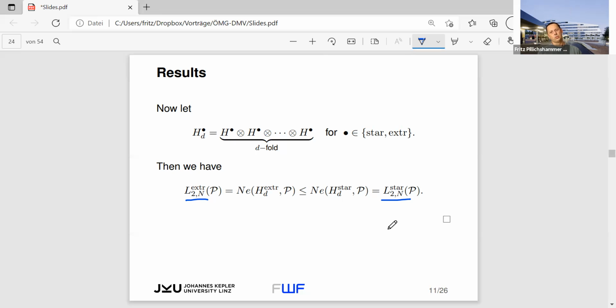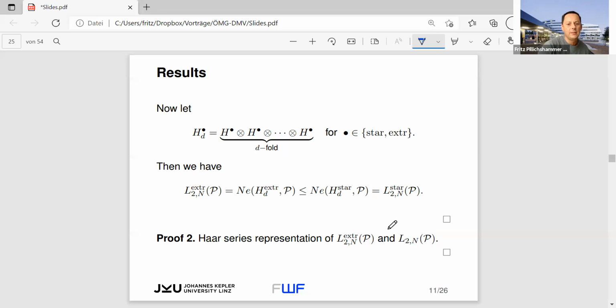So this is a short sketch, which should also give you an idea of how to exploit this connection between discrepancy theory and worst case error analysis of quasi-Monte Carlo rules. In the meantime, we also found a second proof of the result, which is based on the Haar series representation of the two L2 discrepancies with the help of Parseval's identity.